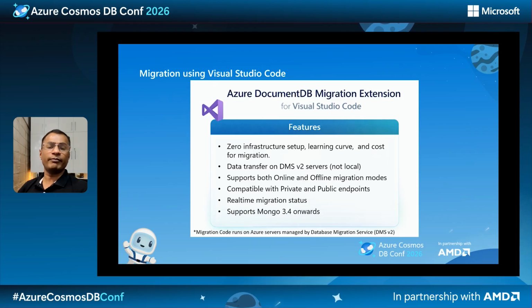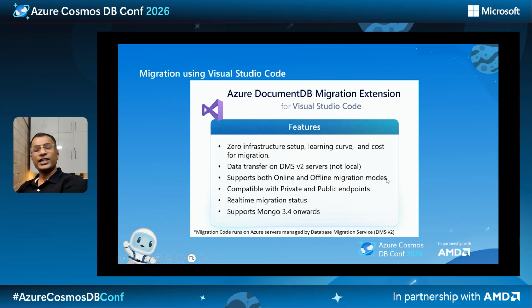You can do high speed migrations on the cloud, all done through VS Code. It supports online and offline migrations. It is compatible with private and public endpoints, and you get real-time migration status. The good thing is it supports migration from Mongo 3.4 onwards, so you can actually migrate very old versions also.